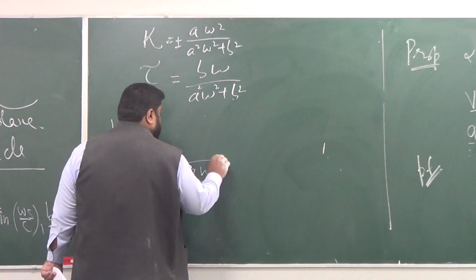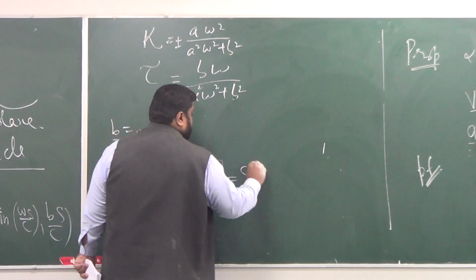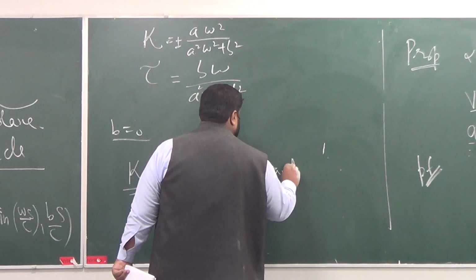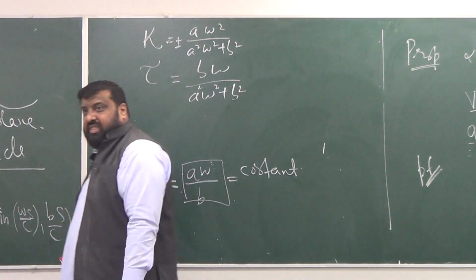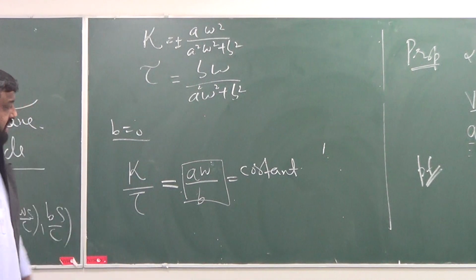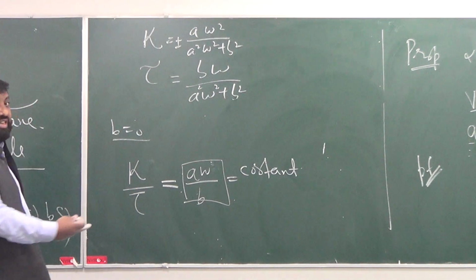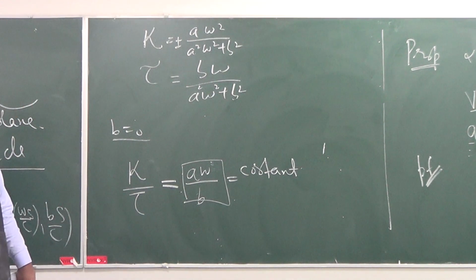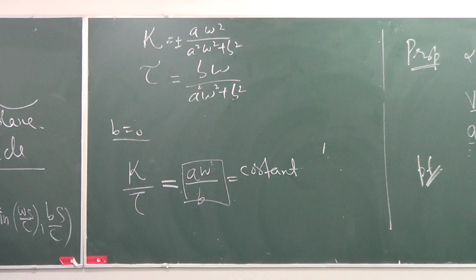And you see that this is a constant. Kappa and torsion were also constants, so their ratio is also going to be constant. But in general, they can depend on s.